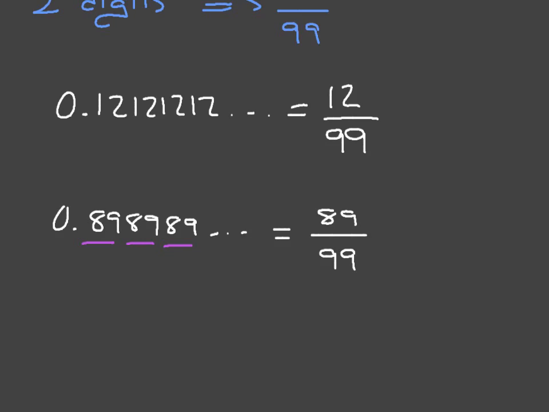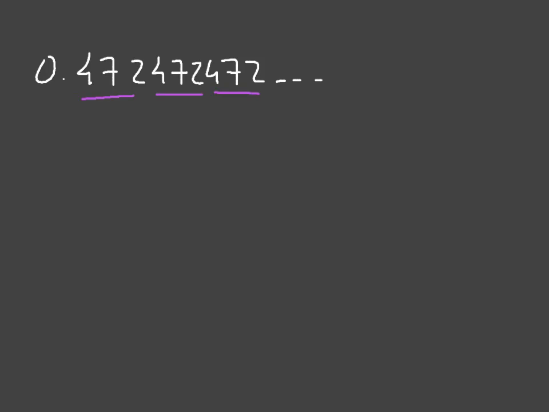Let's see, I'm sure you can guess, how to write a decimal with more than two recurring digits. Let's say we had 0.472472, and so on. Well, in this case, we can see that there are three digits that keep on repeating. That's 4, 7, and 2. And they'll carry on repeating infinitely. So the fraction that we're going to use in this case, because there are three digits that repeat, is the fraction with three 9s on the denominator.